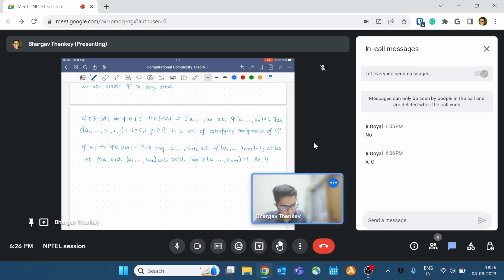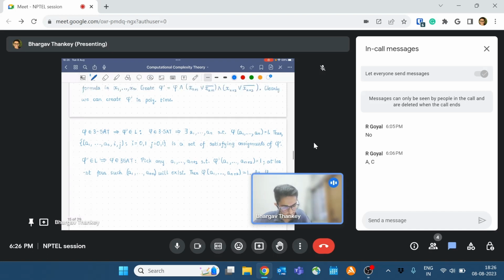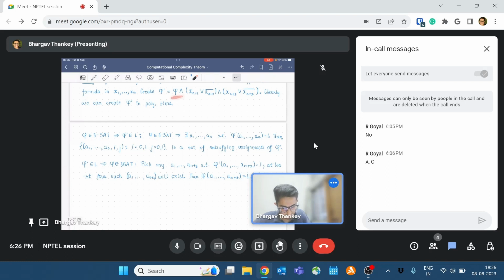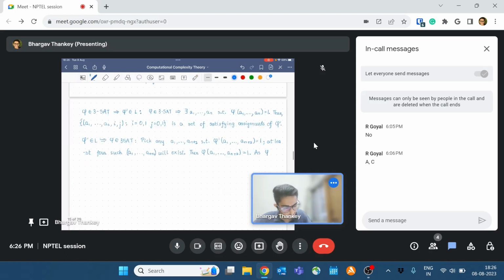So since phi prime is true at A1 to A(N+2), phi has to be true at A1 to A(N+2) because phi is contained in phi prime. But since phi does not have the variables x(n+1) and x(n+2), it is not contained.